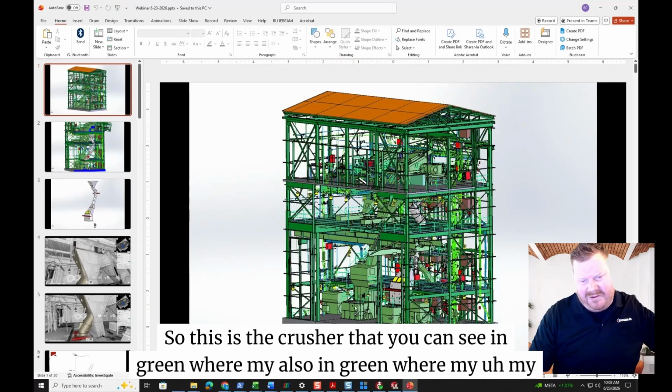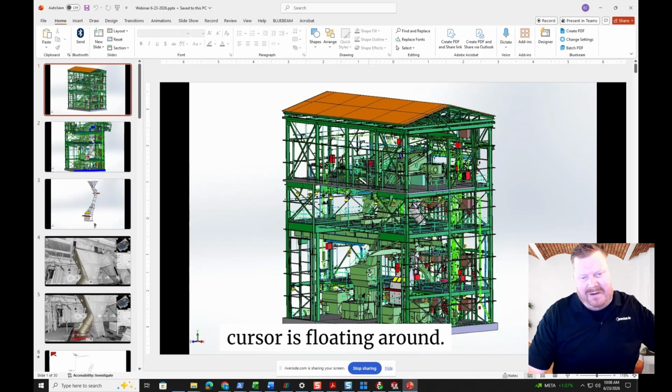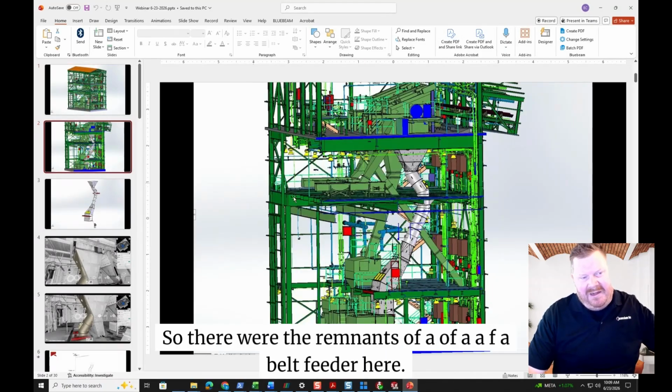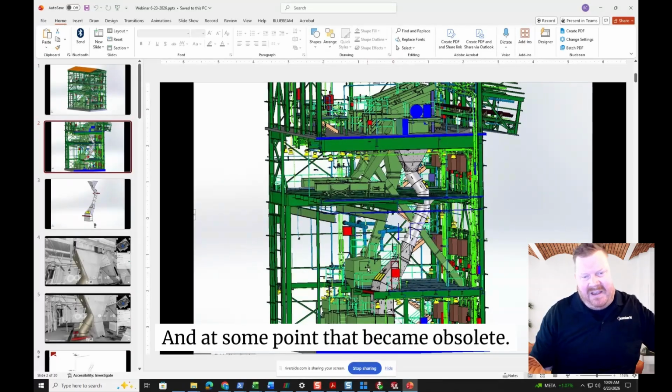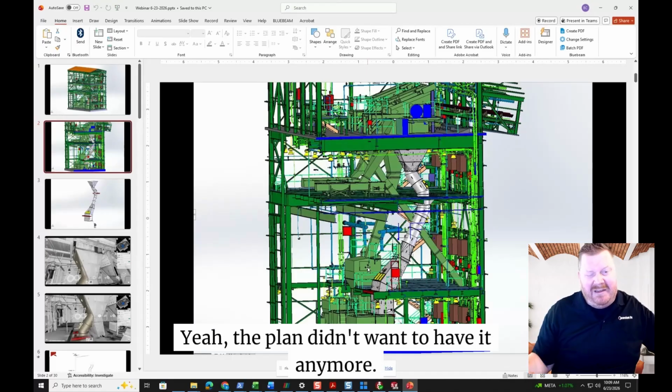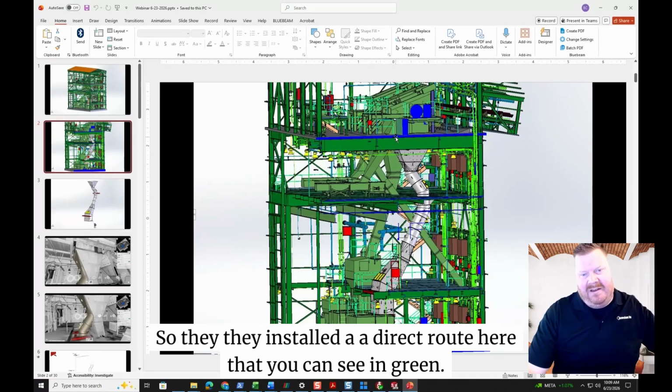So this is the crusher that you can see in green where my cursor is floating around. There were the remnants of a belt feeder here, and at some point that became obsolete. The plant didn't want to have it anymore, so they installed a direct route here that you can see in green.